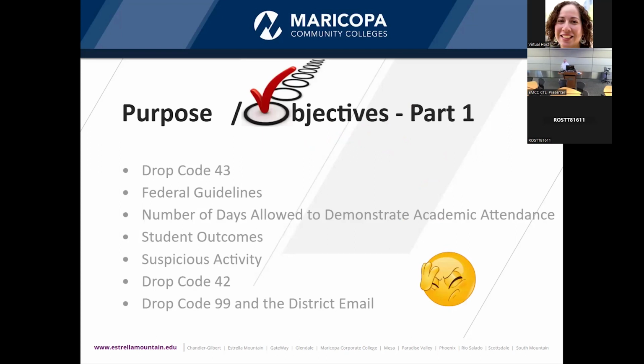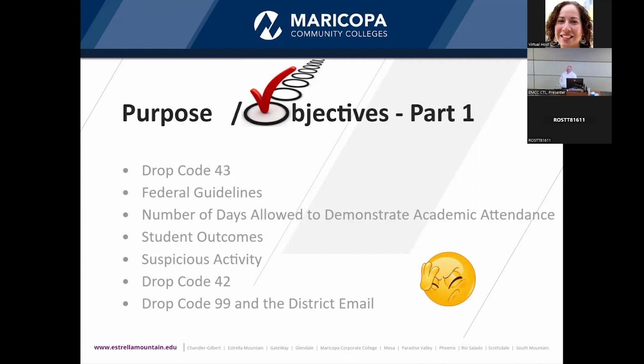I know it's kind of scary when you see purposes and objectives part one, because that means there's at least a part two. The most important one that we'll be talking about is drop code 43. We'll highlight federal guidelines as we're going through as to why we have to do some of this. Then we'll also highlight the number of days and a chart that you'll need to use, especially when you're using the drop code 43, as well as a few other drop codes.